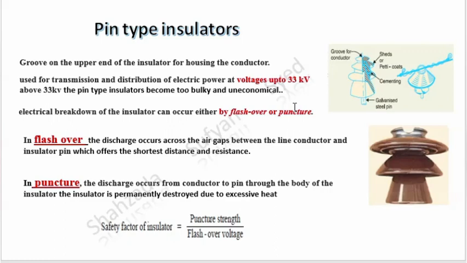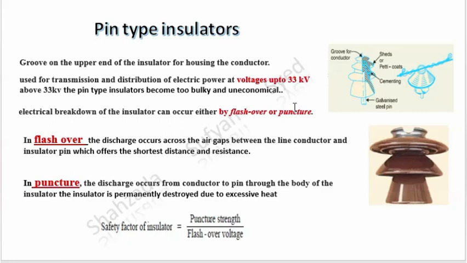Electrical breakdown of an insulator can occur either by flashover or puncture. In flashover, the discharge occurs across the air gap between the line conductor and the insulator pin, which offers the shortest distance and least resistance.